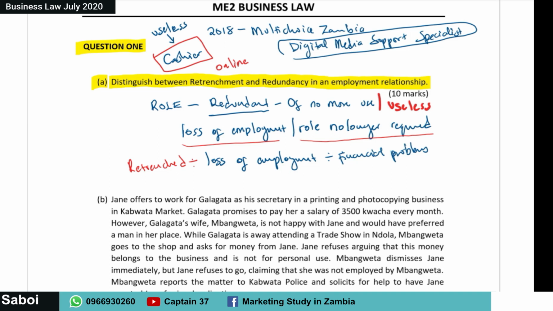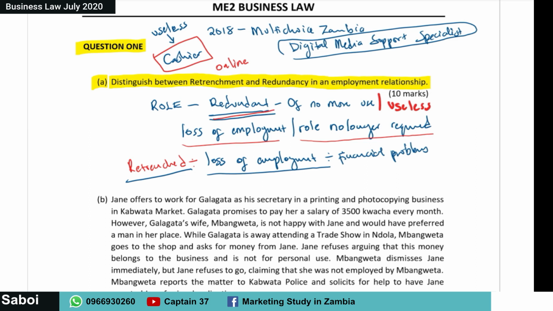But the aim is to reduce how much money is paid to members of staff. And so the company is going to retrench members of staff, meaning those members of staff are going to lose their jobs.